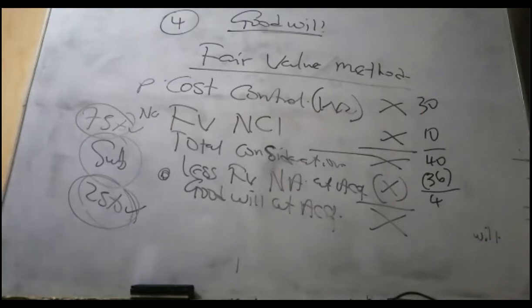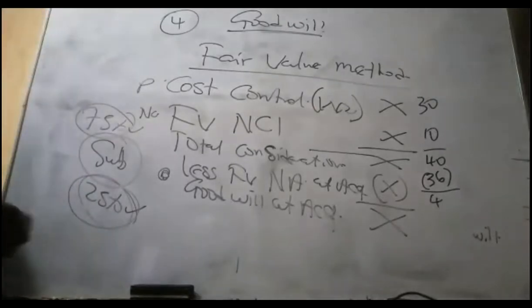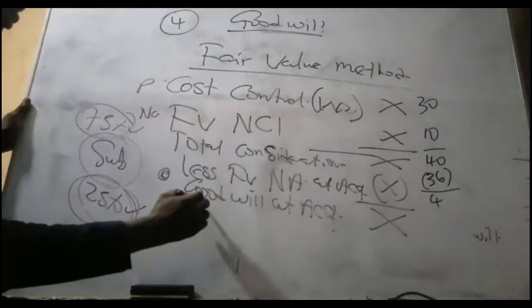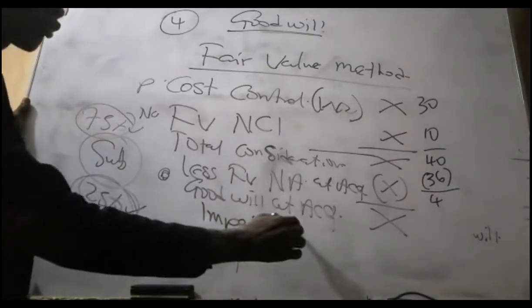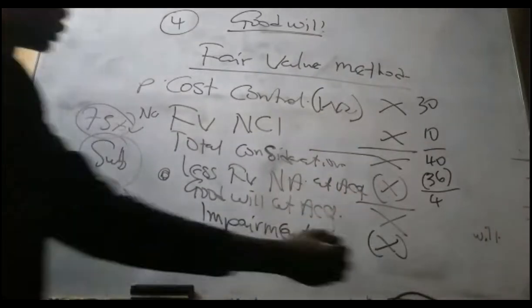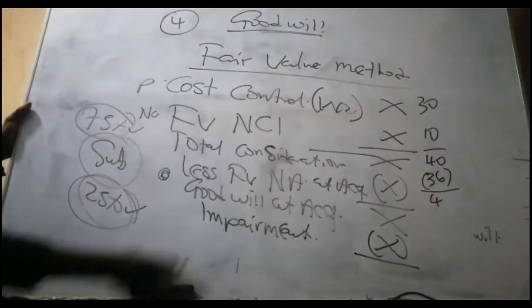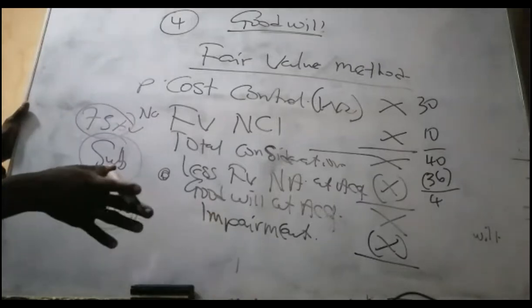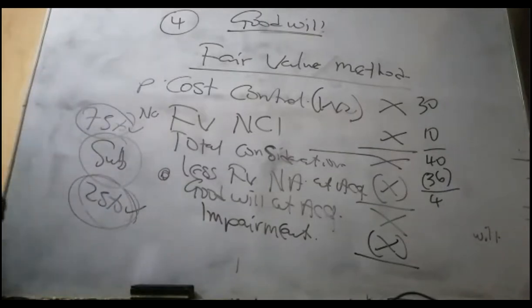So we don't depreciate or amortize goodwill, but we impair goodwill. So you bring the impairment here and then you subtract it. Subtracting impairment is the same as depreciation or amortization in treatment. Goodwill, we don't depreciate or amortize because we don't know the life.